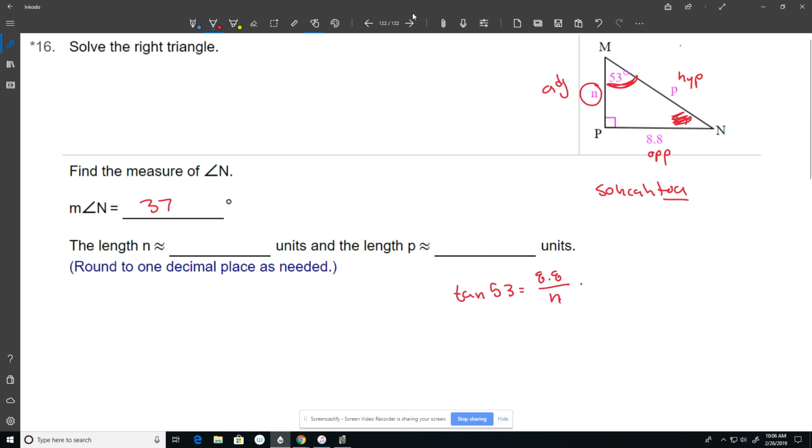So to figure out N, I just multiply both sides by N, so it's not on the bottom. So N times the tangent of 53 equals 8.8. And I want to get N by itself, so I have to divide by tangent 53 on both sides. So N equals 8.8 divided by the tangent of 53.